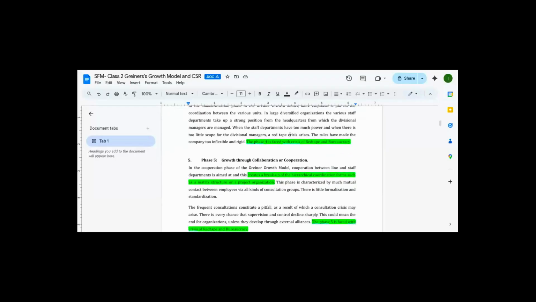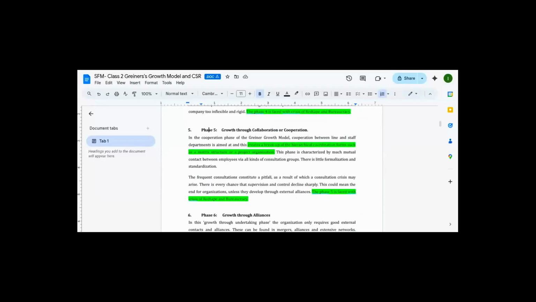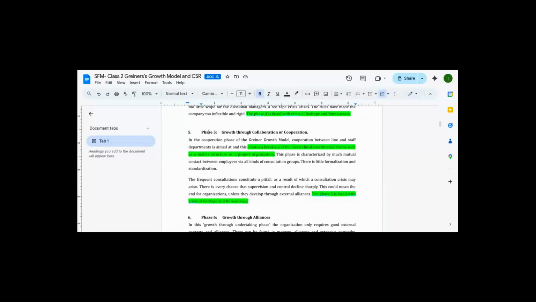In phase 5, the phase 5 of the Greenhouse growth model is the phase of collaboration or cooperation. Because at this phase, the phase is a very sensitive phase that requires team building, team unity, capacity development, and investment in human capital development and orientation of the staff.